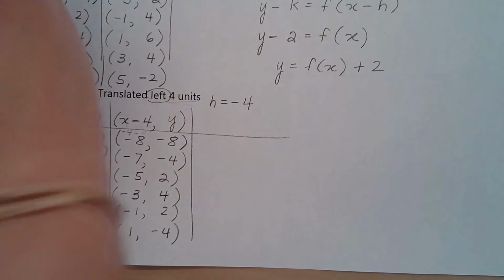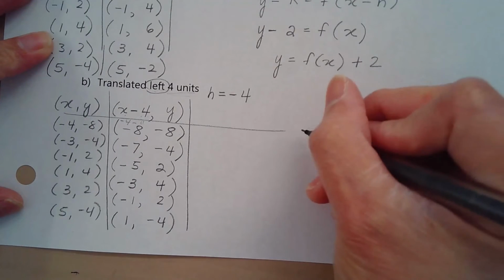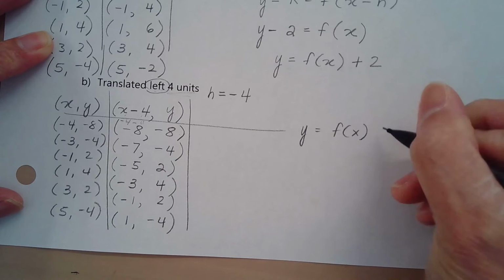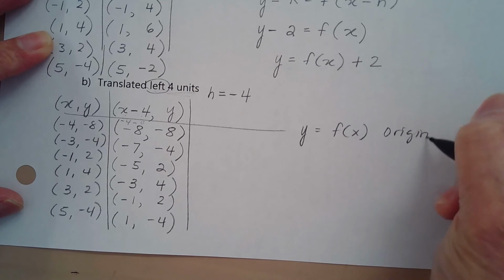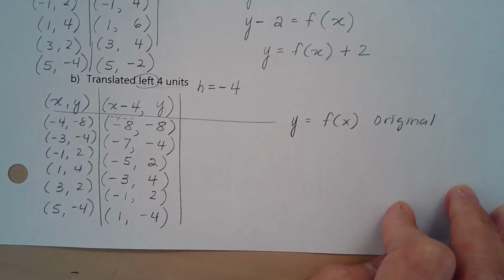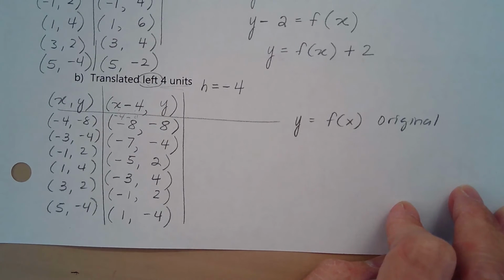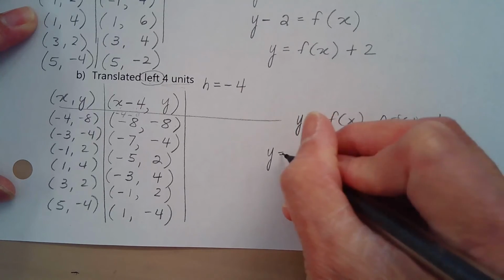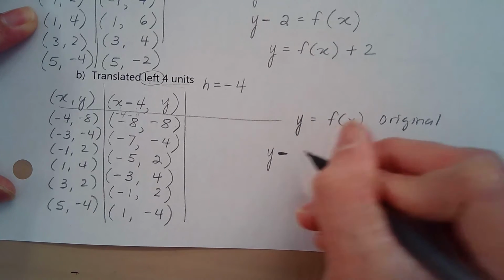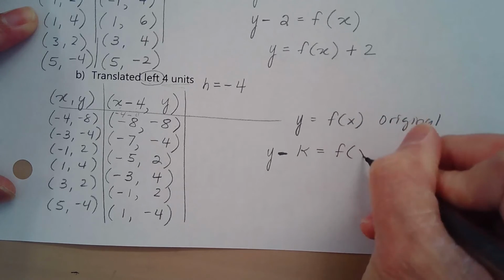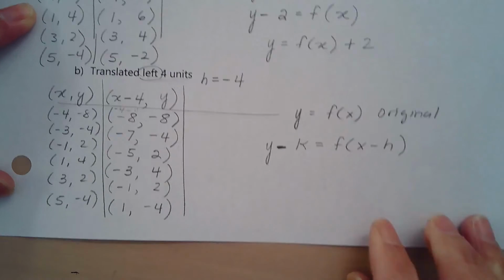Good. So, what are we going to do? Our original equation looks like this: y equals f of x. That's our original function. Now, because we're just talking about translation, y minus k equals f of x minus h.